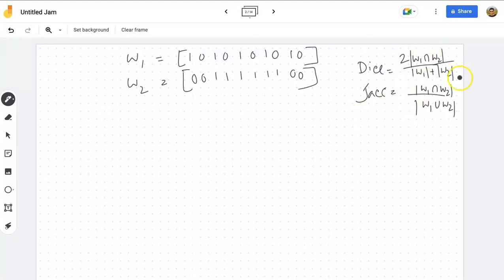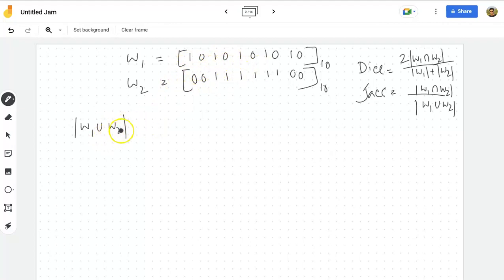Okay, so let's find the values. Let's find the union of these two. How many dimensions do these vectors have? 1 2 3 4 5 6 7 8 9 10, so these two are 10-dimensional vectors. Among these 10 dimensions, how many are 1?